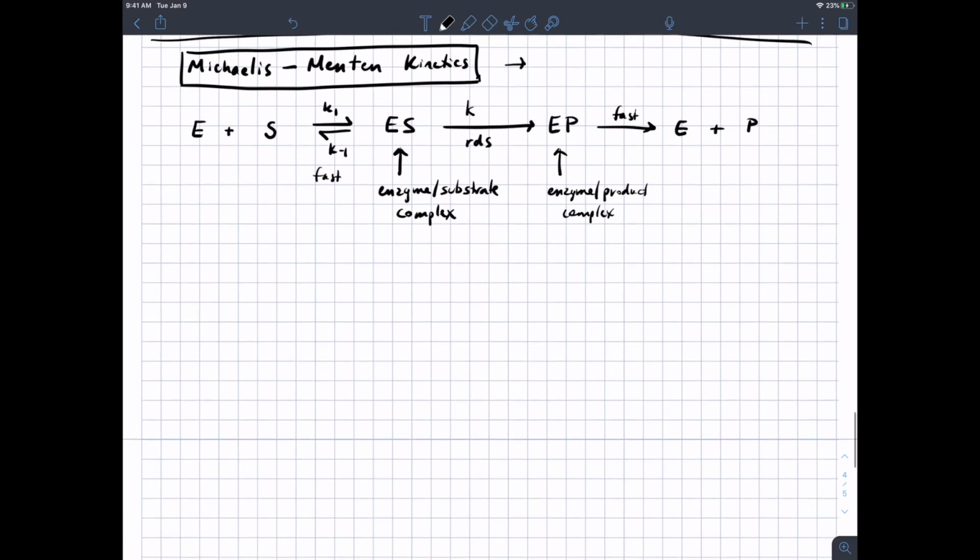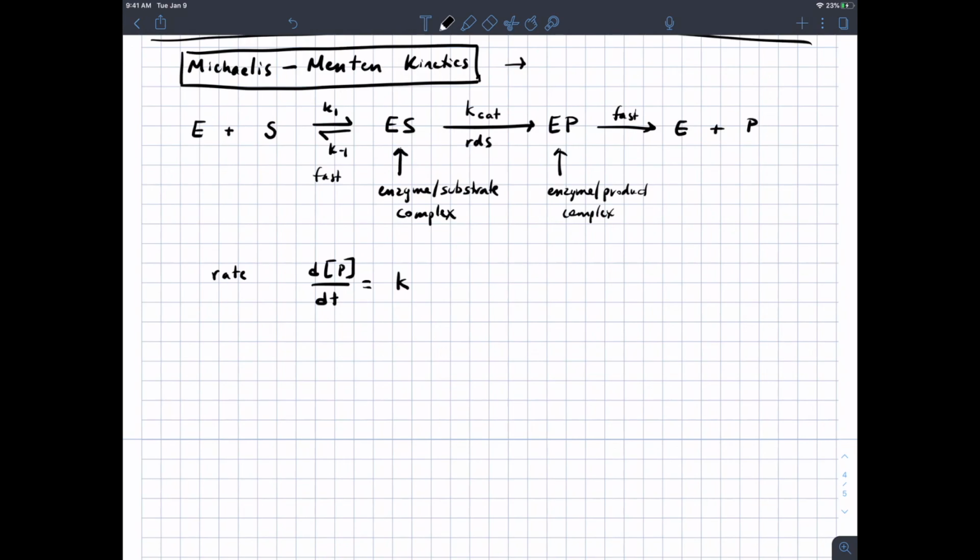All right, so if we wanted to talk about the rate of appearance of our product as a function of time, that should only depend on the rate constant for our reaction.